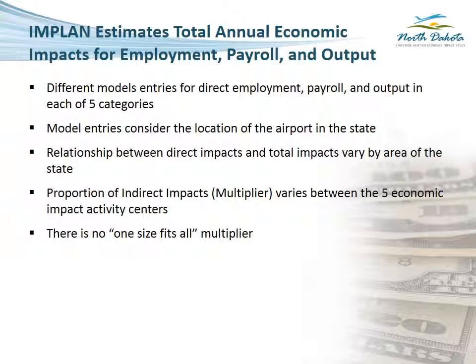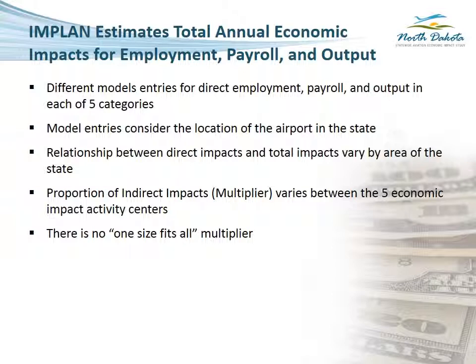The model used in this study was built to specifically consider economic conditions in each North Dakota county. Therefore, the relationship between direct and total economic impact differs according to the area of the state where the impact is taking place. The same is true for the type of impact: employment, payroll, or output. Further, the relationship between direct and total impacts varies between airport management, airport tenants, capital investment, and both categories of visitor spending. The relationship between direct and total impacts even varies within the category.